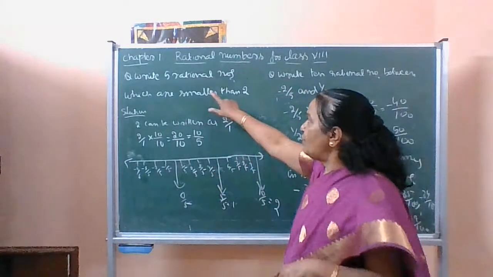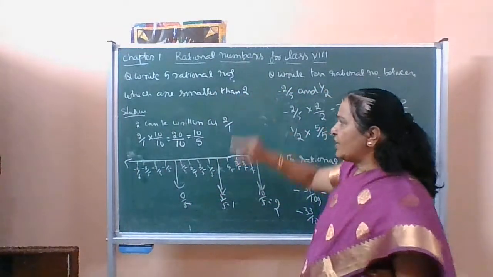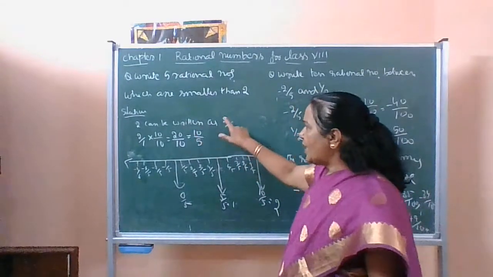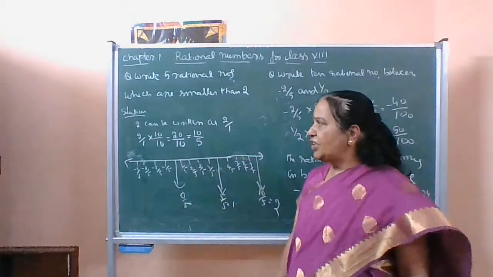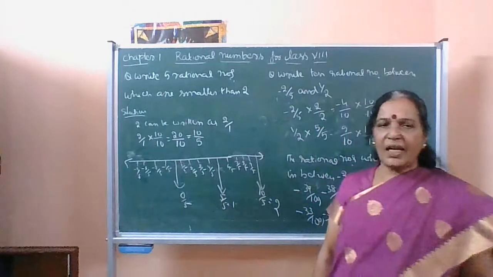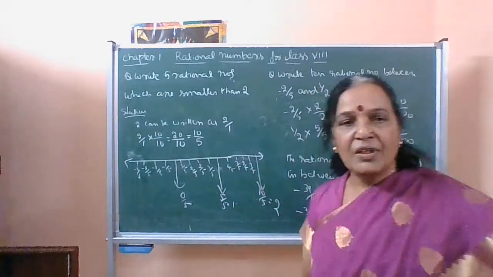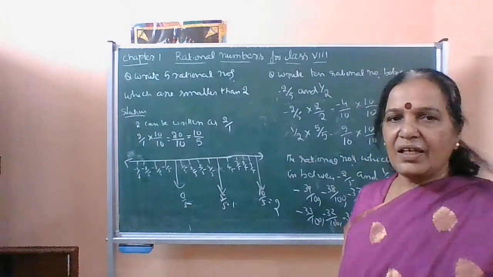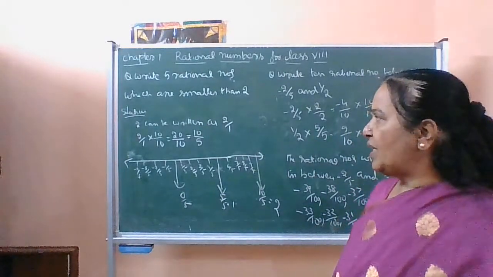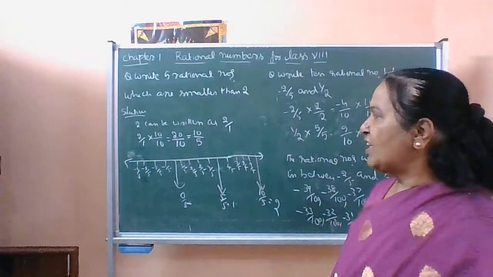Here the question is 5 rational numbers which are smaller than 2. 2 can be written as 2 by 1; multiply both numerator and denominator by the same number. Therefore, you will get 20 by 10.